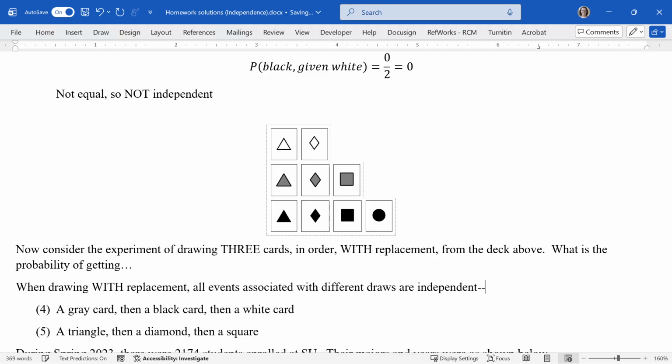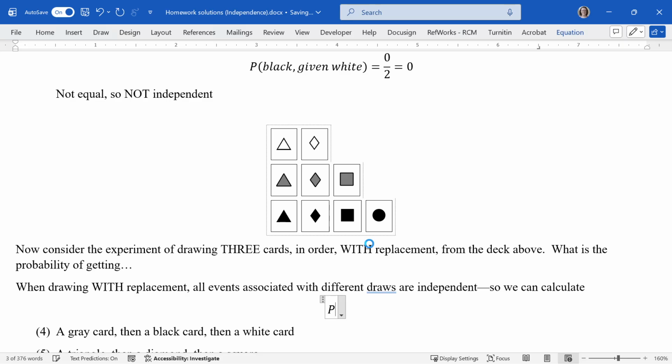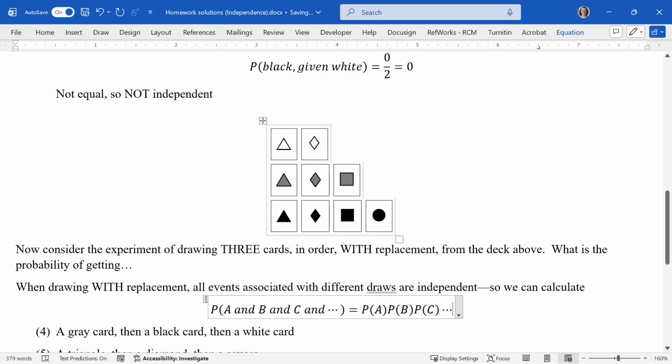So if I want the probability of a bunch of events, like A and B and C, and I could keep going like this, I can just multiply their individual probabilities together like this. And just keep going. As many as you want.